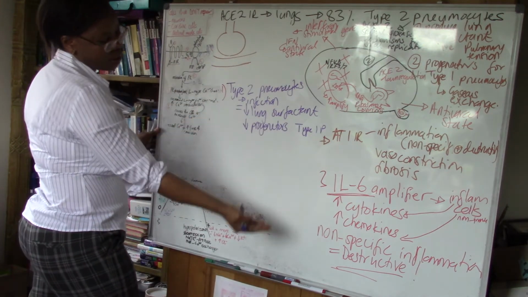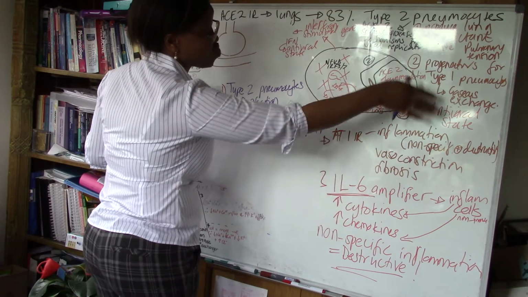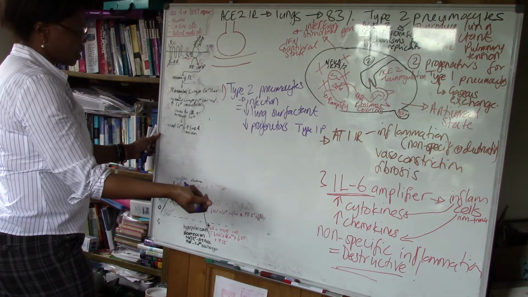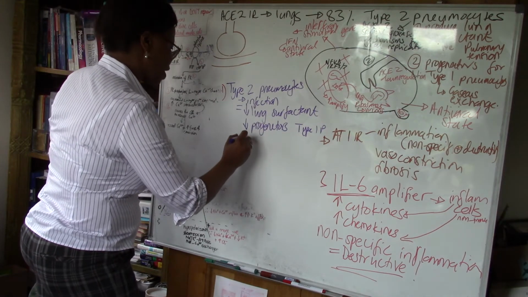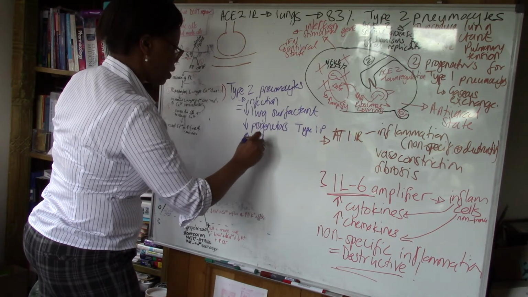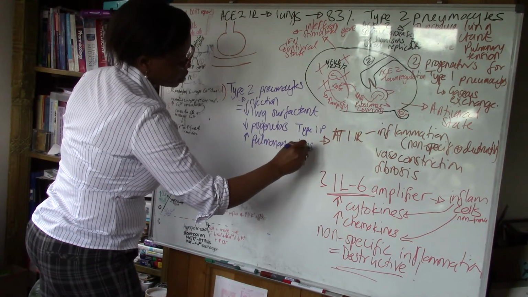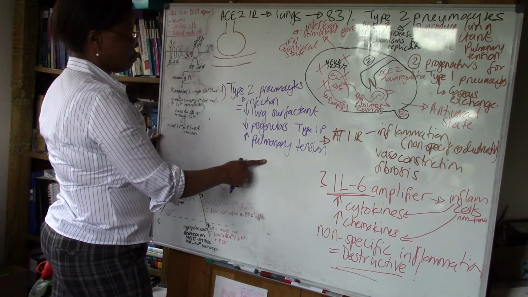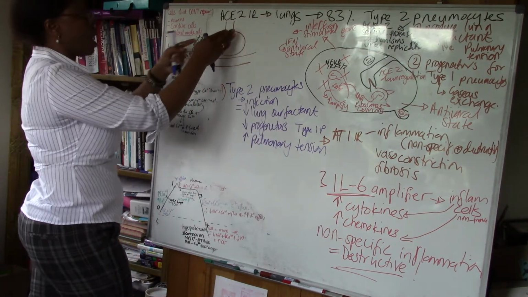And they need to be repaired because we have a non-specific inflammation that's going on and destroying cells in the lungs that we need. And we will also have increased pulmonary tension, because we have no lung surfactant to keep the alveolar open.